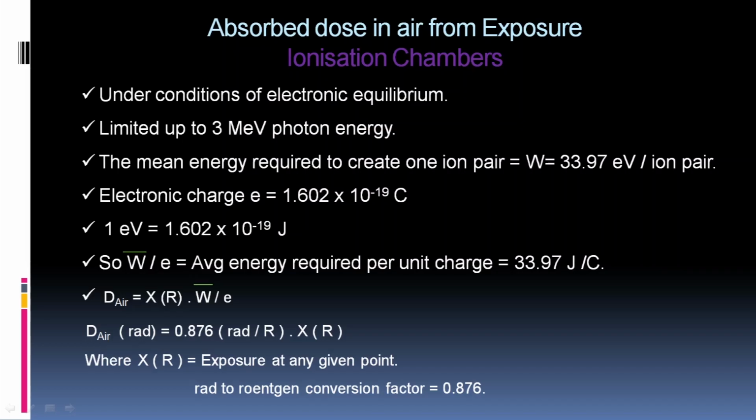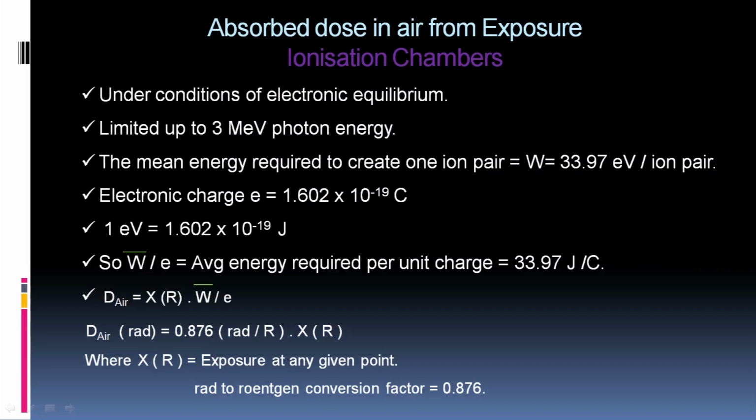So the electronic equilibrium condition must be there, and this measurement is limited up to 3 mega electron volt of photon energy. Beyond 3 mega electron volt photon energy, a huge amount of air is needed to create the electronic equilibrium.